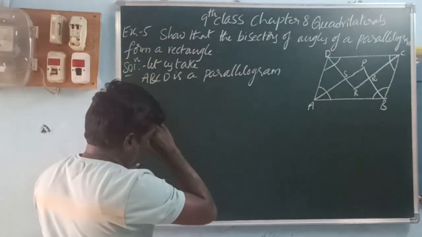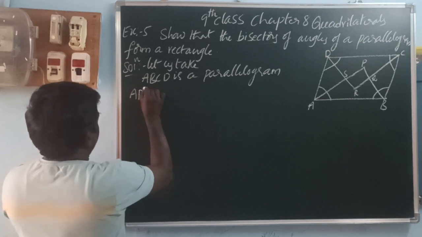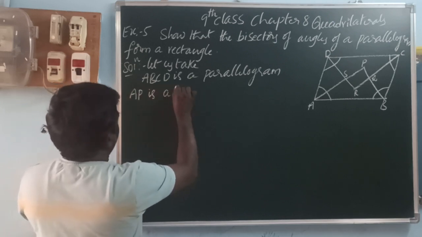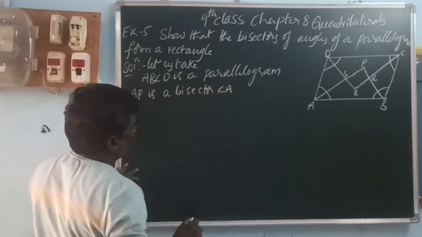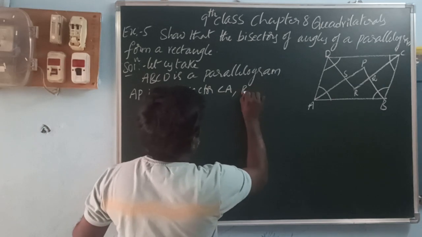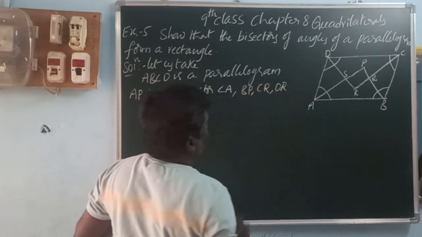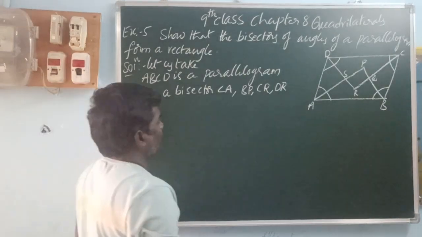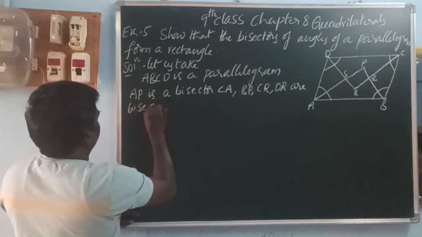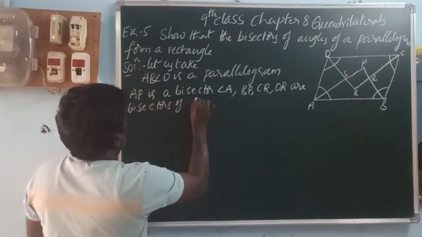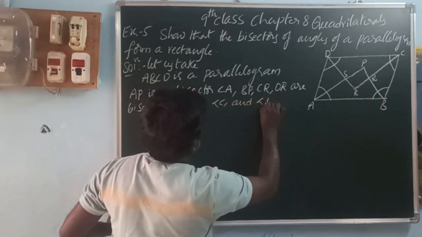So in this parallelogram, AP is a bisector of angle A. Next BP, CR, DR are bisectors of angle B, angle C and angle D respectively.